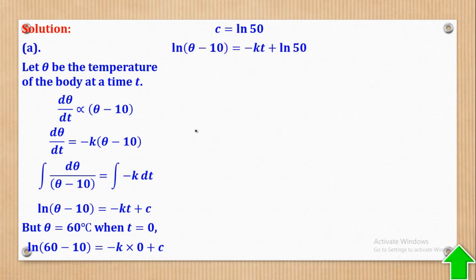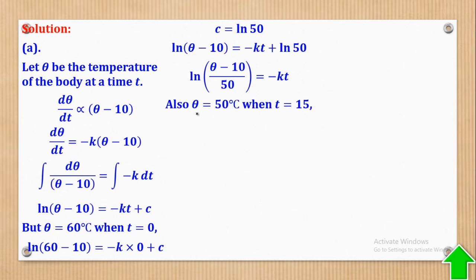So we have got the c, but we have not yet got k. So to get k, we shall use the other condition which was given. First of all, I can bring this one this side to come up with this, because my aim is to make k the subject. Therefore, I'll say that when theta is 50 degrees, t is 15. I think you remember that in the statement they say that after 15 minutes the temperature was 50 degrees Celsius.